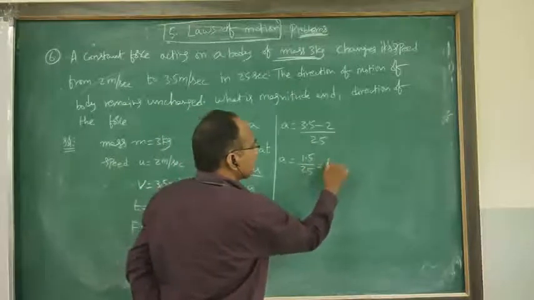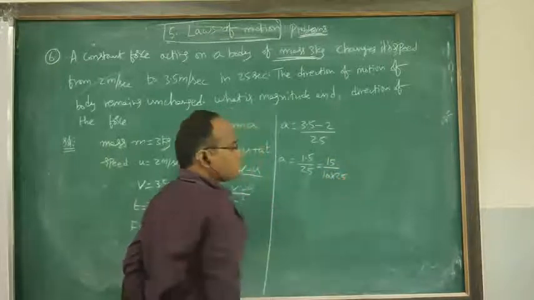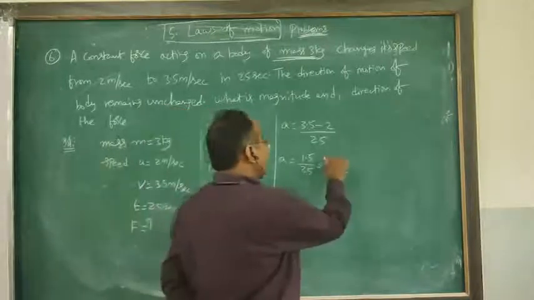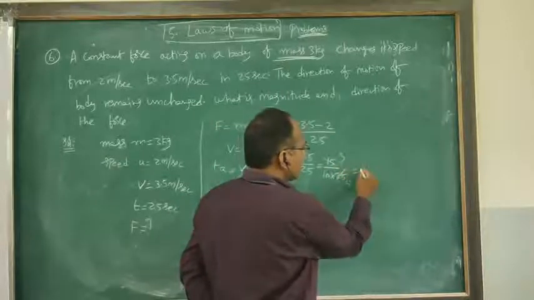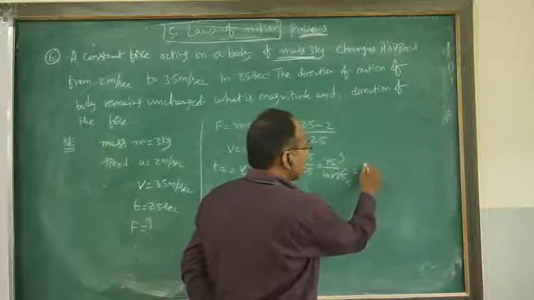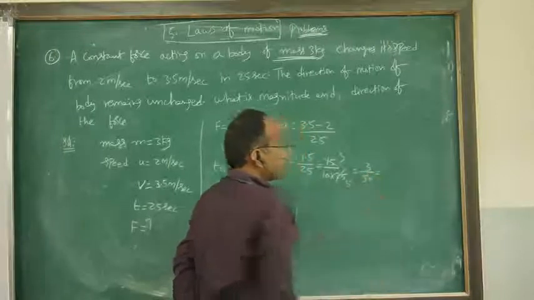This can be written as 15 by 10 into 25. 5 3s are 15, 5 5s are 25, so the value is 3 divided by 50.